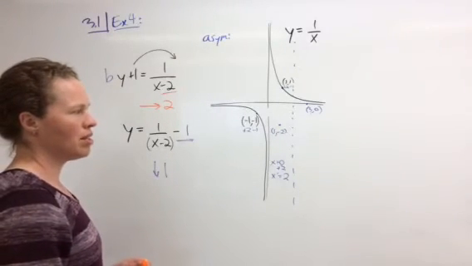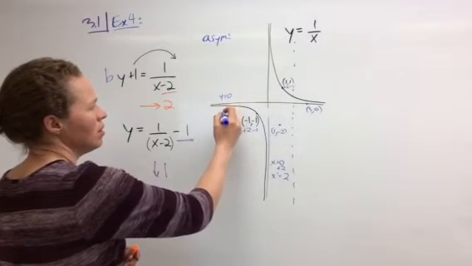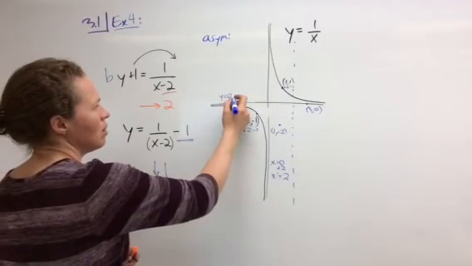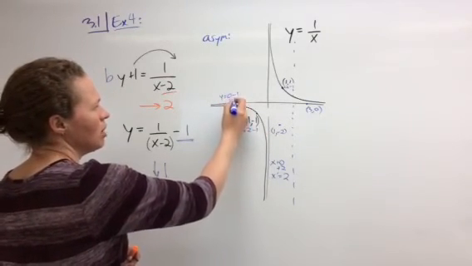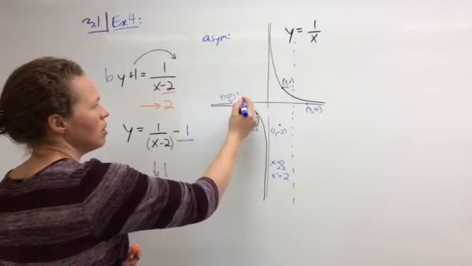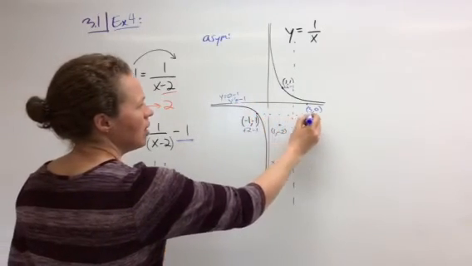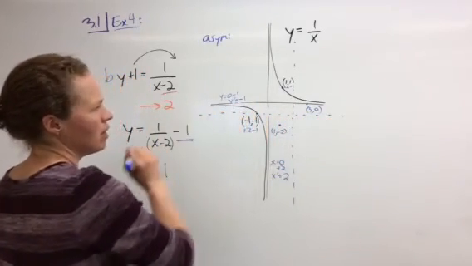For my y asymptote this time, my y asymptote is 0, but I'm subtracting 1. So I have to subtract 1. My new y asymptote is, sorry, that's a little small, my new y asymptote is at negative 1, so I go down here to negative 1, and I draw my new asymptote.